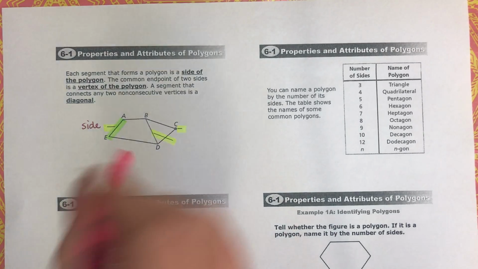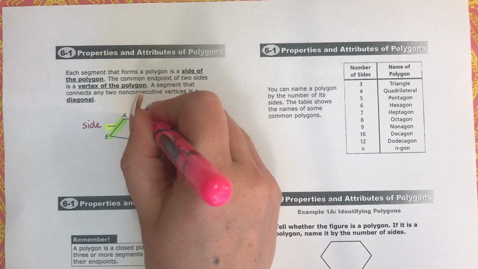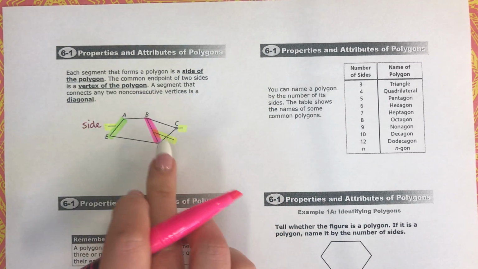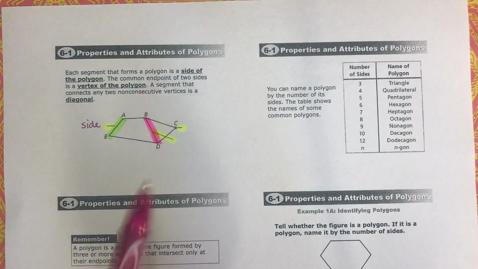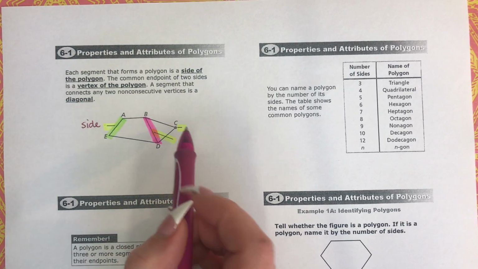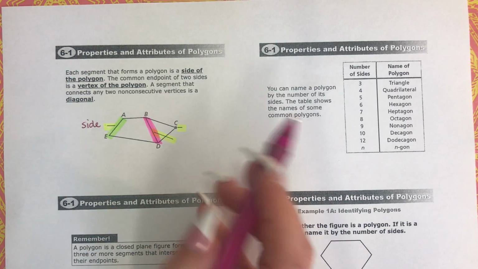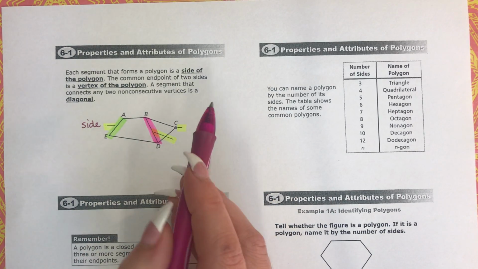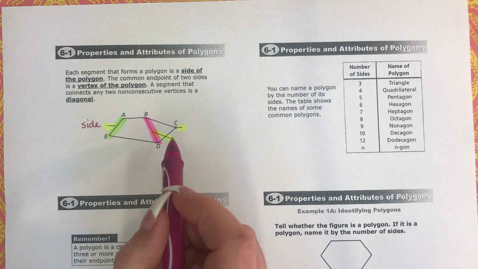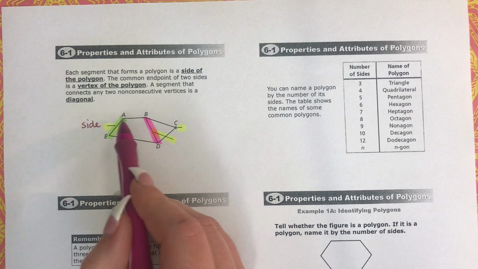Okay, then this is referring right here to this segment, that little hash mark. So consecutive means vertices that are right next to each other. So if you looked at A, B, C, D, E, those are all vertices. Now, non-consecutive, so A and B, those are consecutive. Those are right next to each other.